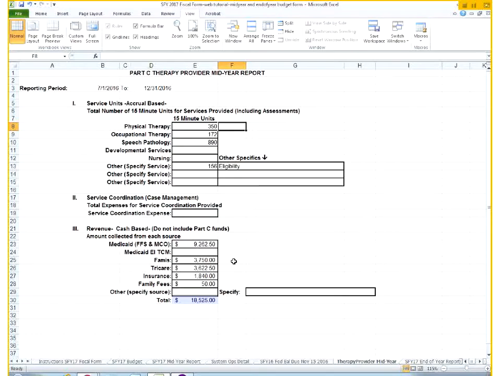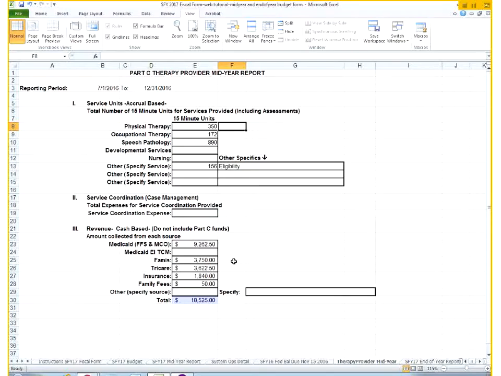If your system bills for a contract provider and keeps the revenue they receive from Medicaid, private insurance, and family fees, then you would put 0 in these columns.